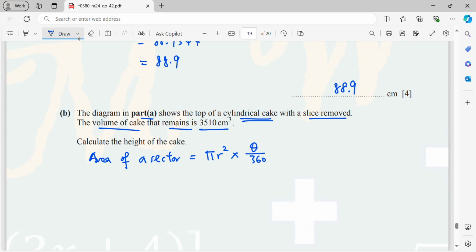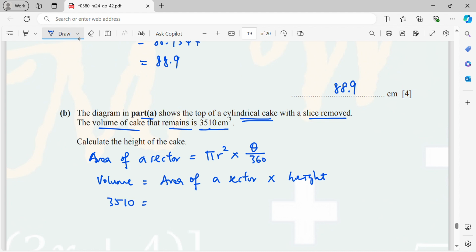Okay, so now the volume equals area of sector times height. So now the volume is given 3,510.